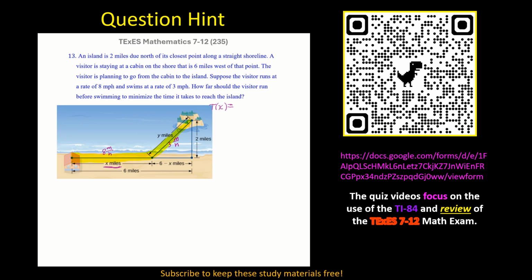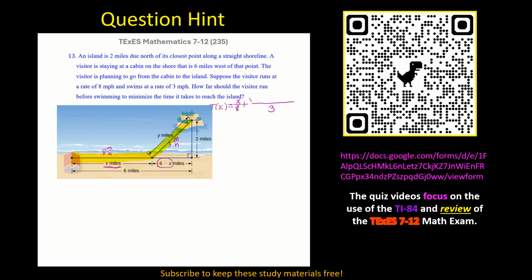All right. So this means the first distance is x over 8. Then plus the next distance. What is the next distance? Well, we know it's going to be over 3 miles per hour. Well, we're looking at the hypotenuse of this right triangle. So we know that we have a distance of 6 minus x, and then we have 2 miles for one of the legs.